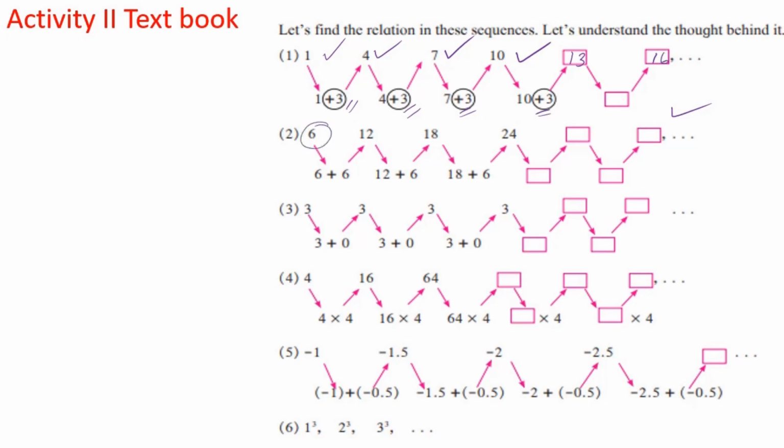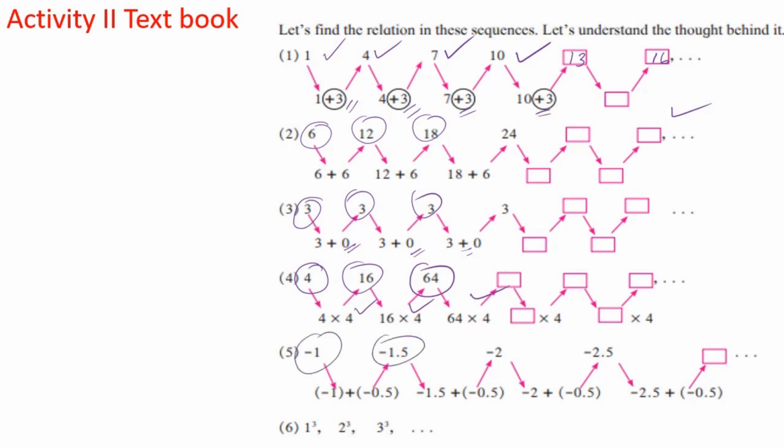Here it is 6, 12, 18. They are additions of 6. Here it is 3, 3, 3, just like I wrote 7, 7 earlier, 0 is added, addition of 0. Just like what I wrote, 4, 16, 24, multiplication by 4. Here, addition of minus 0.5 in each case.